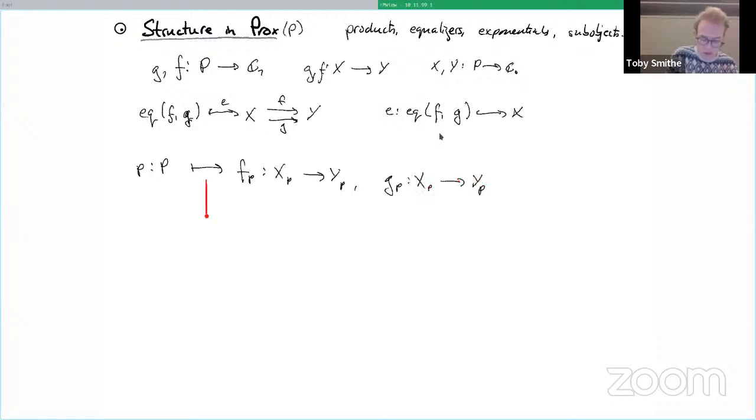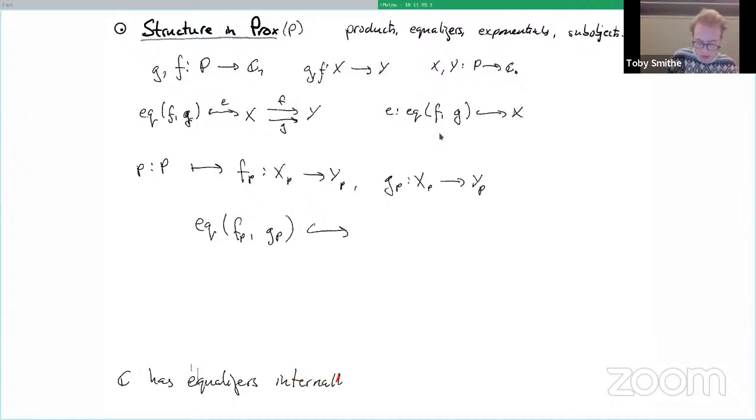And I can ask, what is the equalizer of FP, GP for each P? But wait, so you're working internally in C. I'm assuming C has limits, equalizers. C is going to be typically a Markov category, right? A category of Markov kernels. Typically. No, here it's assuming it's just a category with equalizers.